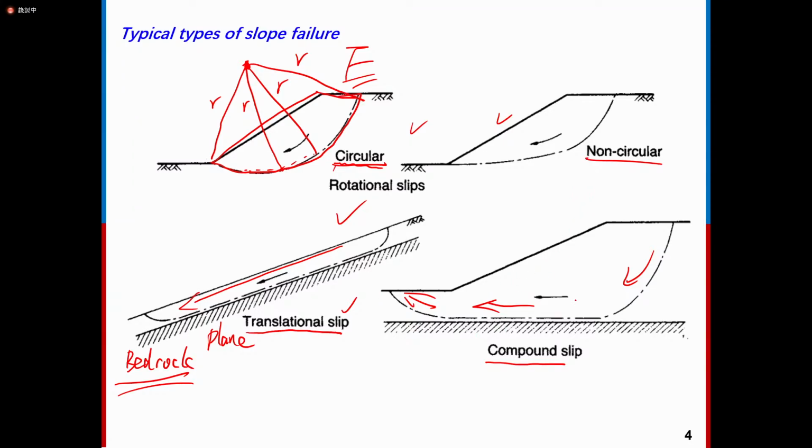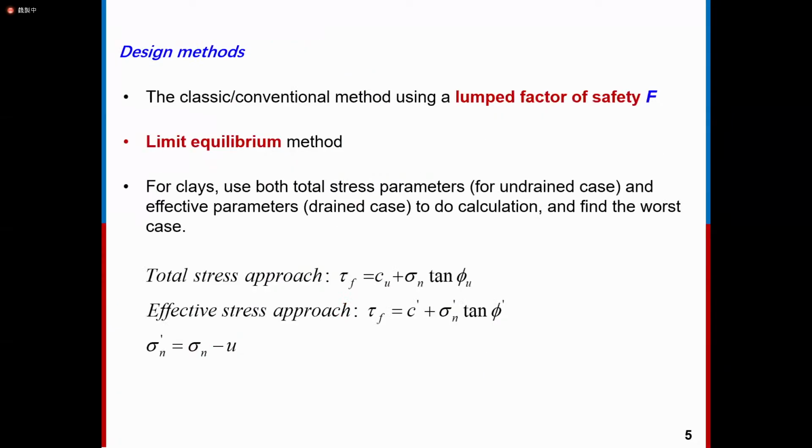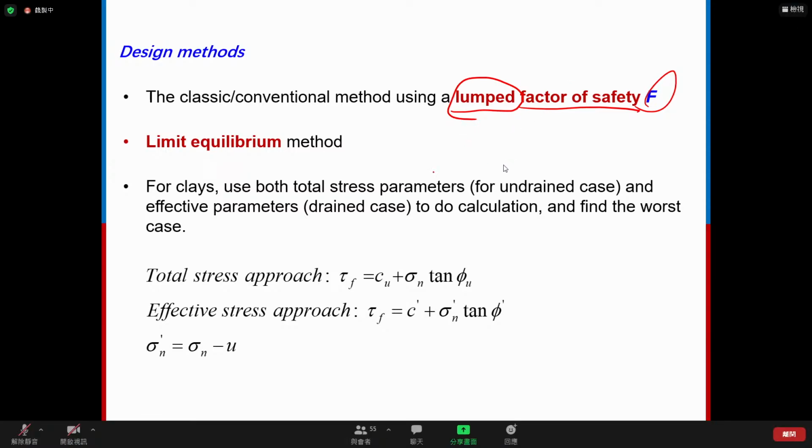This is a more complicated case. So in this lecture, as I mentioned, the factor of safety is most important. We use a lumped factor of safety to represent the condition of one specific slope.